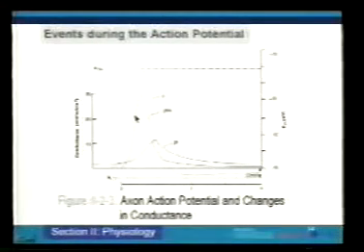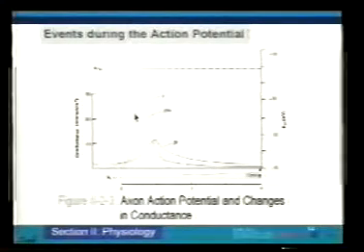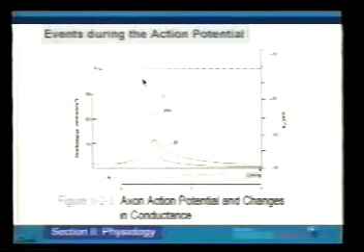You have lost some of your force, but you have a significant number of channels open. At the peak of the action potential, you have the greatest sodium conductance, but you have very little influx because you've lost your force. So this point is the greatest sodium influx, but this point is the greatest sodium conductance.